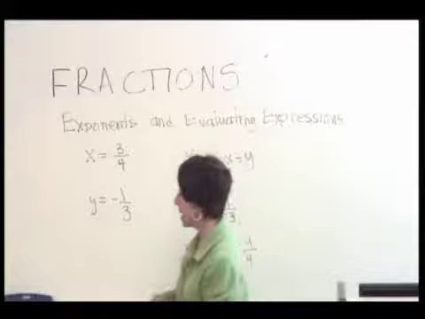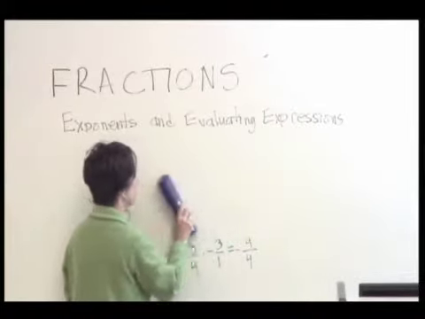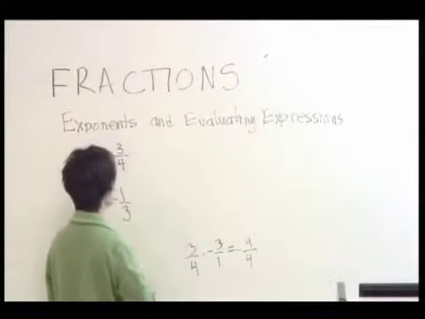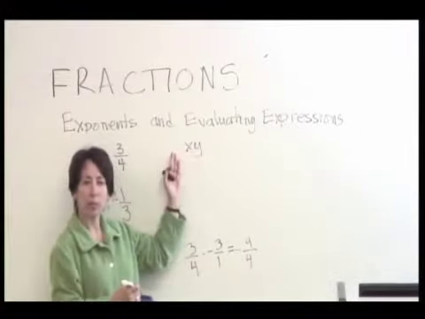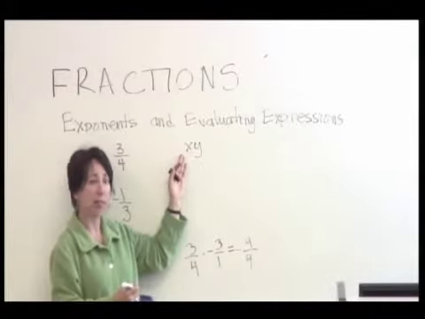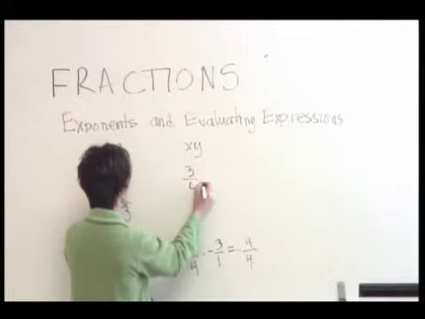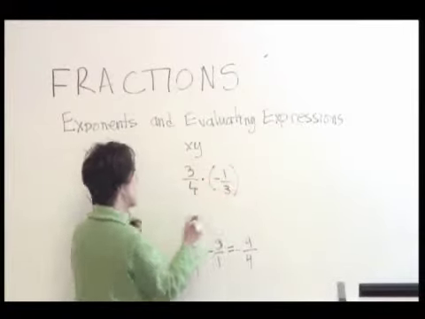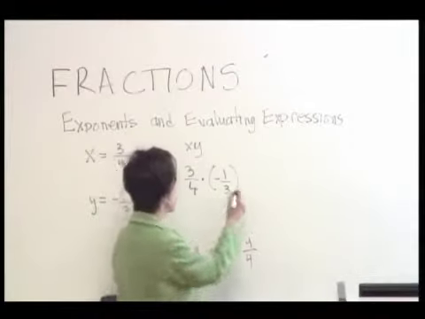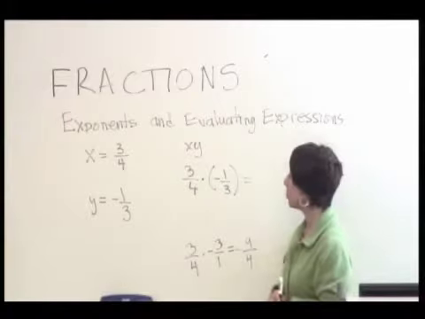Okay, now what if I had something like x times y? x, y, next to one another, just like this, means x times y. So x is 3/4, y is negative 1/3. Again, I keep these parentheses so I can help remember that negative symbol there.